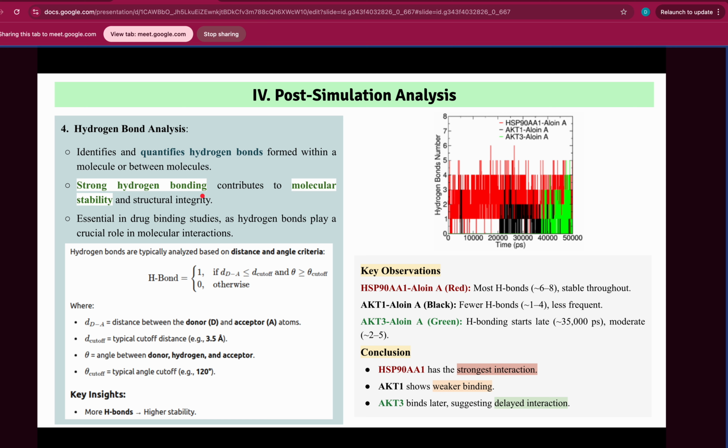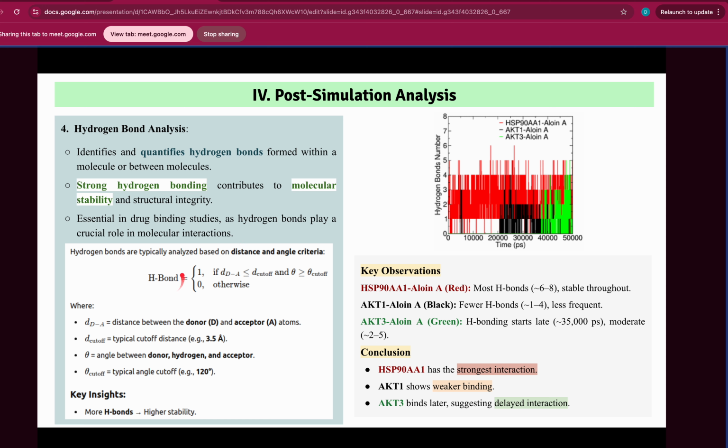That's why if the hydrogen bonding is strong, my structure will be stable and have structural integrity. It is also essential in drug binding studies because hydrogen bonding plays an important role in molecular interactions. These are non-bonded interactions, but they are very important for stability.